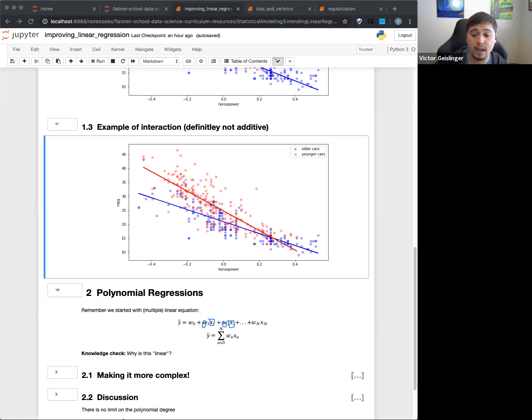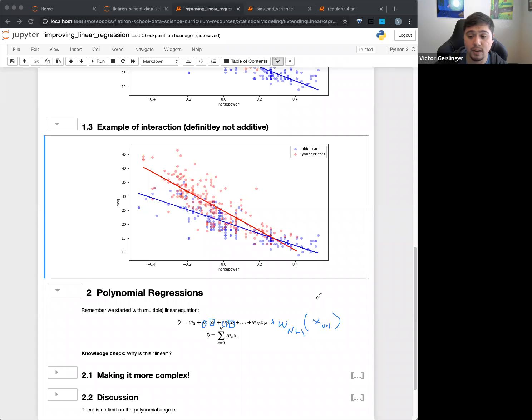But since these two interact, we can have a new feature. I'll call its weight w n plus 1. Remember, we only have n features, but say we want to talk about these parts interacting. Well, there's this new feature, and we'll call it x n plus 1. So now we have an additional feature.